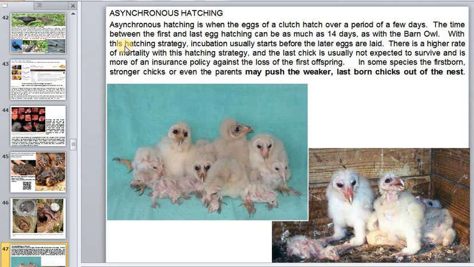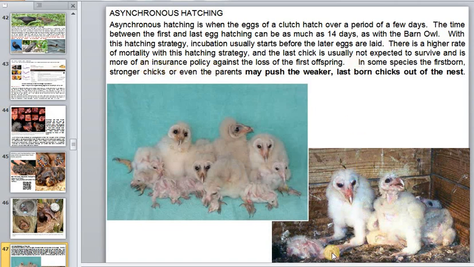With this hatching strategy, incubation usually starts before the later eggs are laid, and there is a higher rate of mortality, of course. The last chick is usually not expected to survive, and is more of an insurance policy against the loss of the first babies.